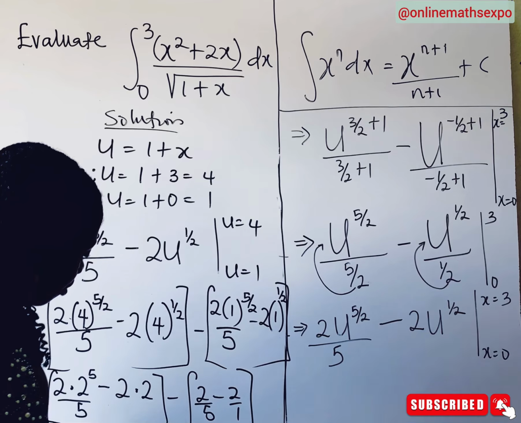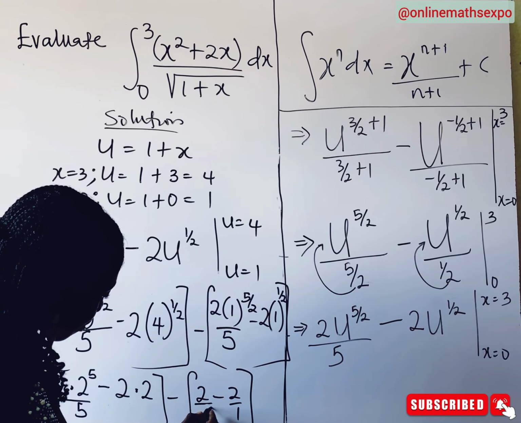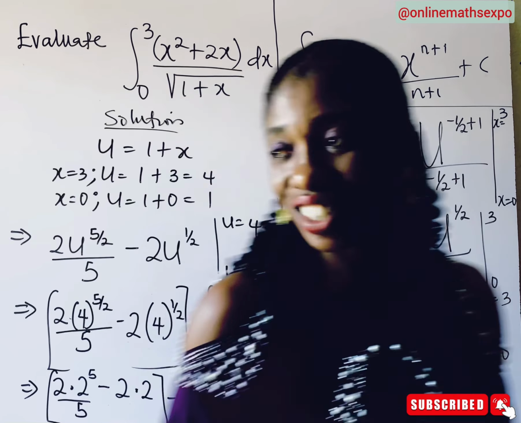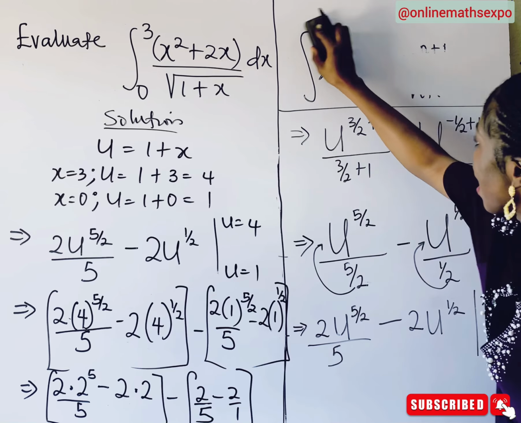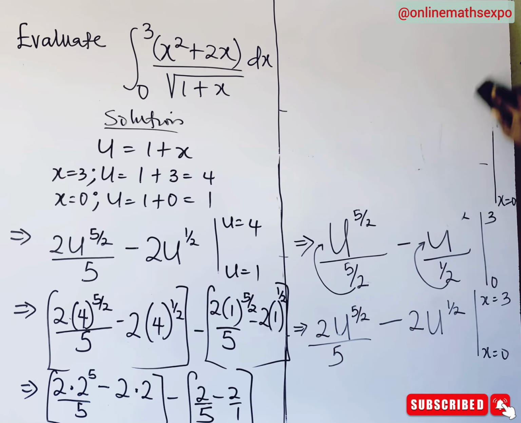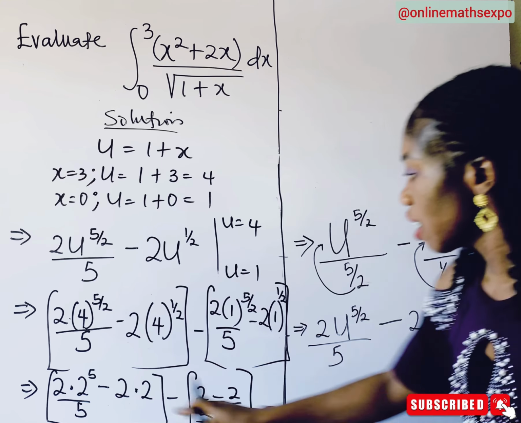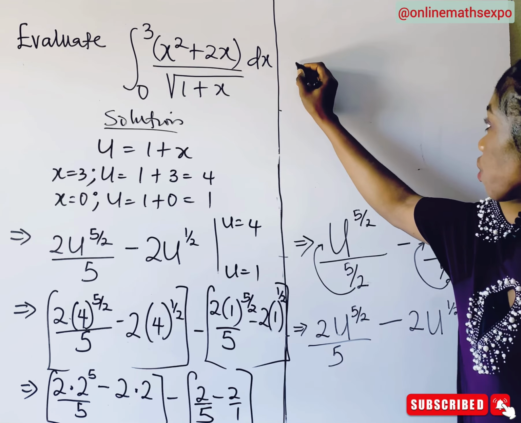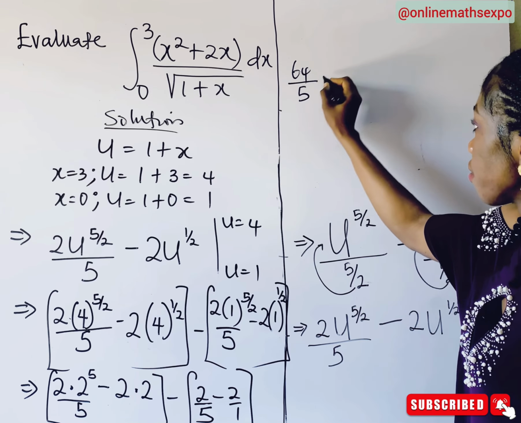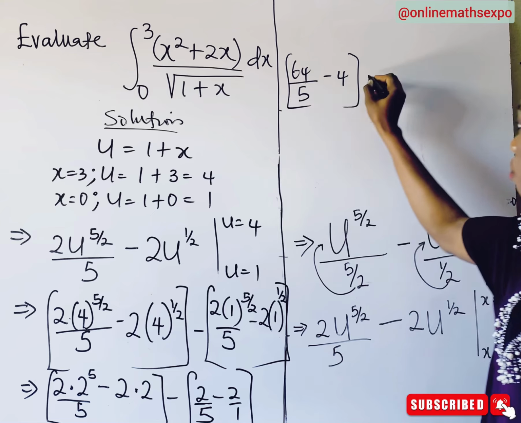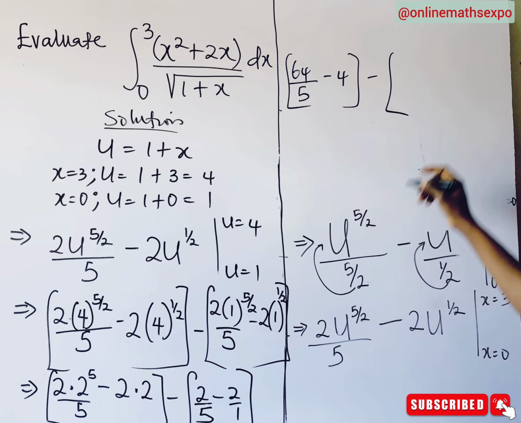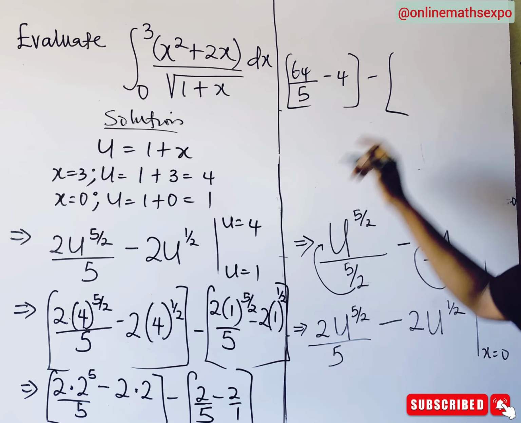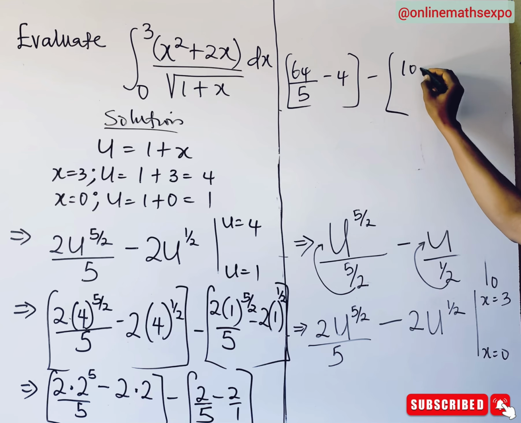So let's simplify. If you simplify finally, we are concluding. You are going to get your value as 64 over 5 minus 4 minus, simplifying this, 10 minus 2.